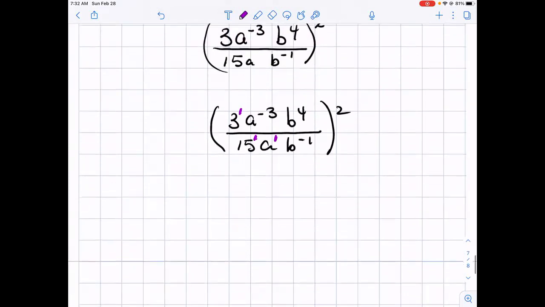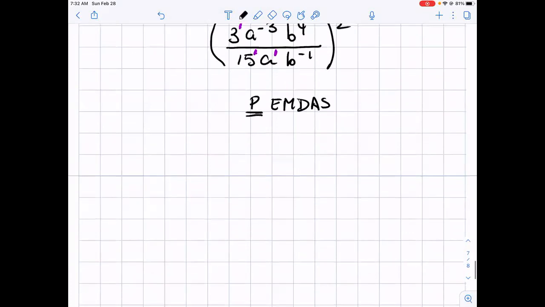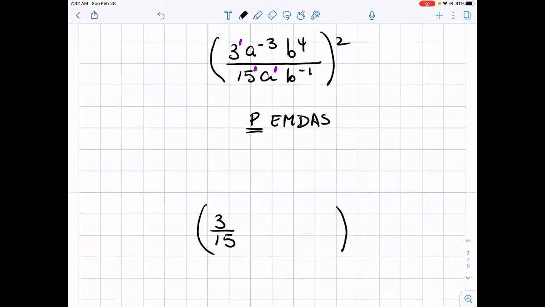So my next step is, remember, PEMDAS. Okay, parentheses first. There's another way, but this is the way I choose to do it, right? You could rewrite it with the square in both ends, but since we follow PEMDAS, if we apply PEMDAS now, we have 3 over 15, and then we have a to the minus 3 power minus a 1 power, right?